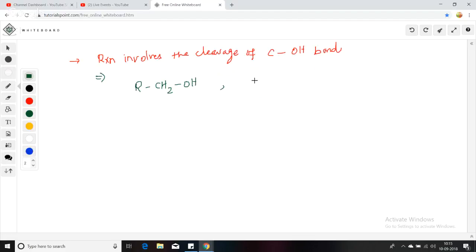Another one, if I take R2CHOH. Another one, R3COH. Okay, in all these examples, obviously this oxygen has two lone pair on it. Two lone pair here, two lone pair here, and two lone pair here.